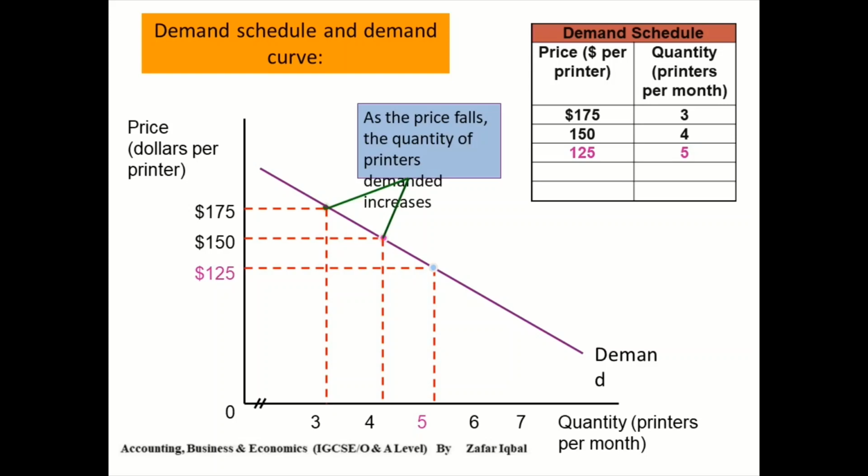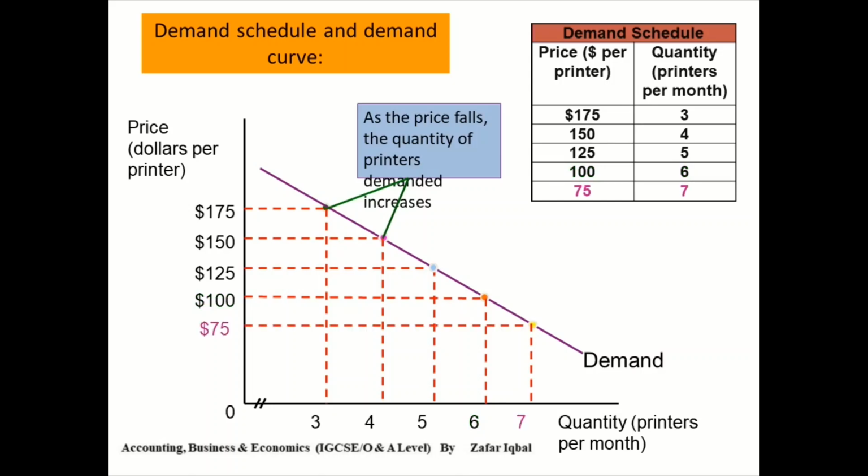So there is an inverse relationship between price and demand. Moreover, if we set the price at $100, the quantity demanded for the printers will increase to 6 printers per month. Lastly, at the price of $75 per printer, the demand for printers has increased to 7 printers per month.